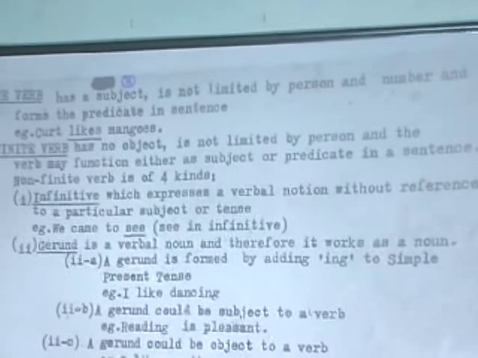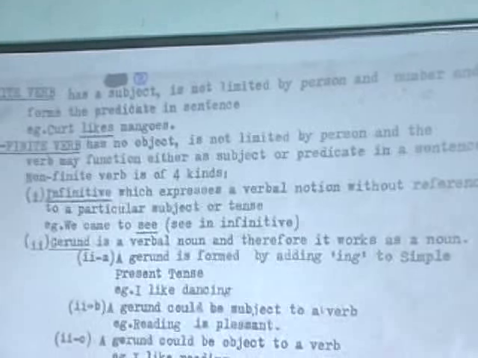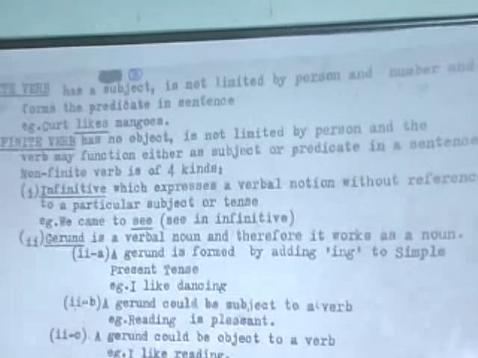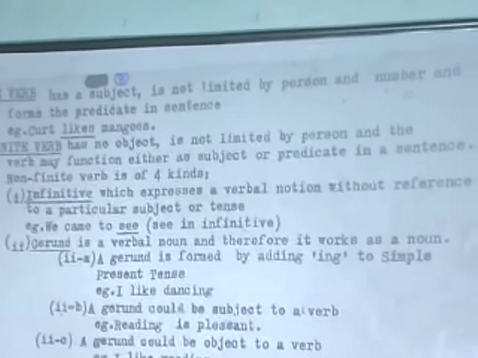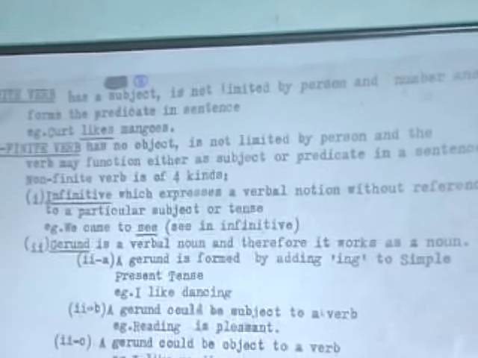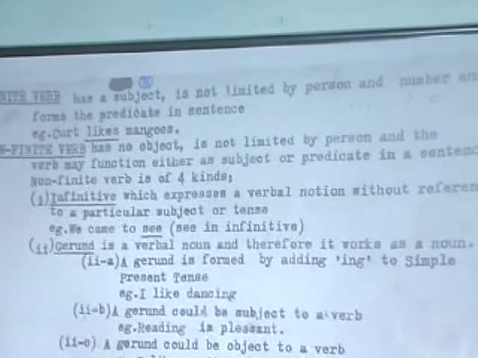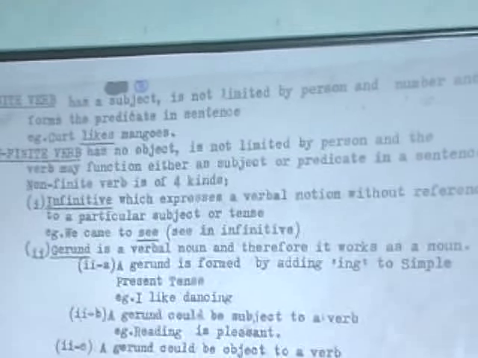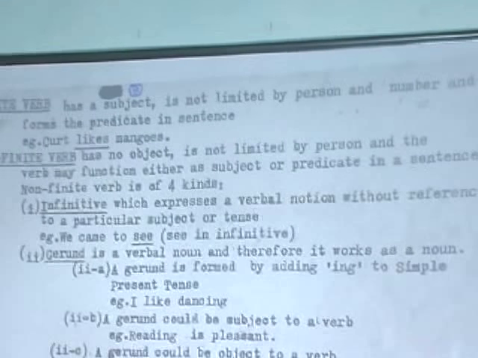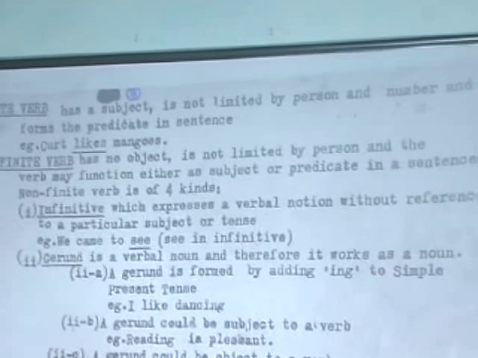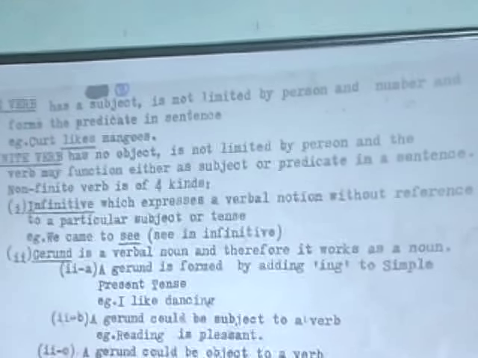See is infinitive. Secondly, gerund. Gerund is a verbal noun and therefore it works as a noun. A gerund is formed by adding ing to simple present tense, as in, I like dancing. A gerund could be subject to a verb, as in, reading is pleasant.